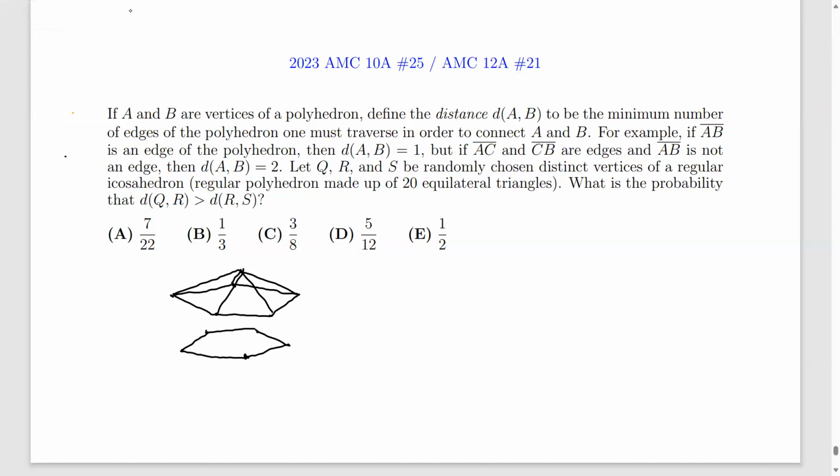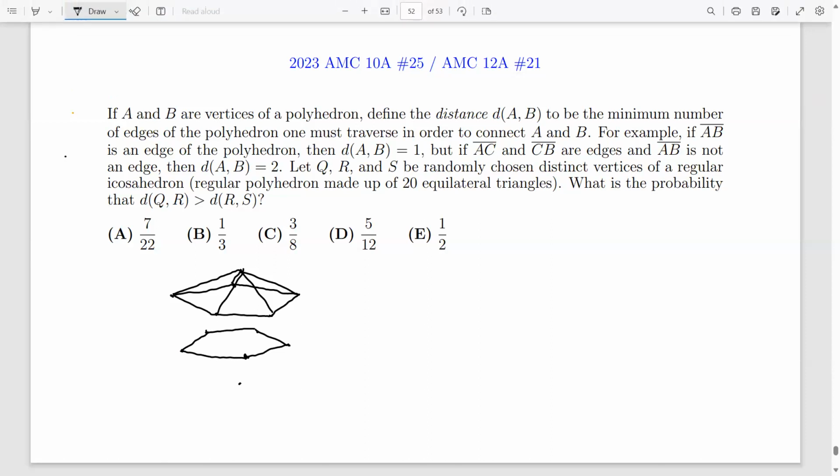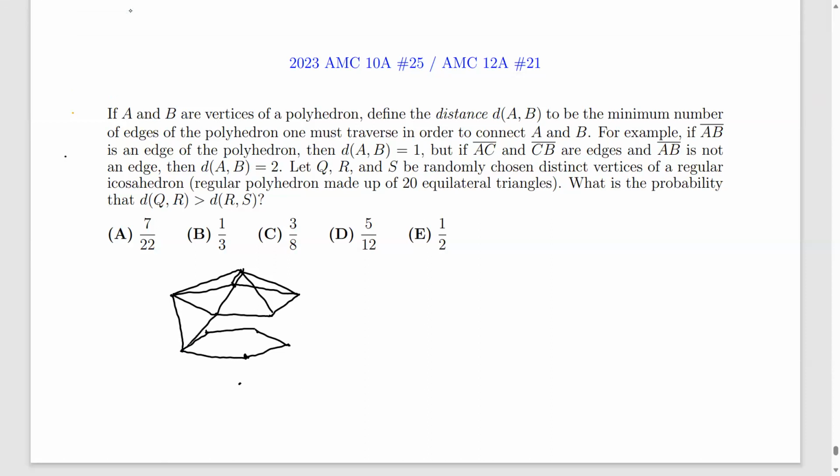Lastly, there is one vertex that is distance 3 from the top vertex. And we'll just connect the pairs of vertices like so. And so this is roughly what an icosahedron looks like.